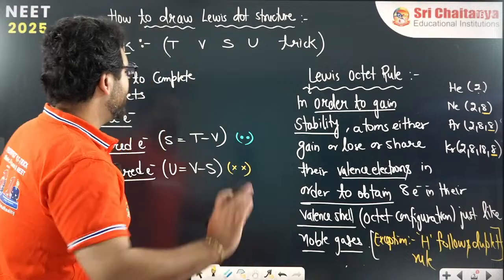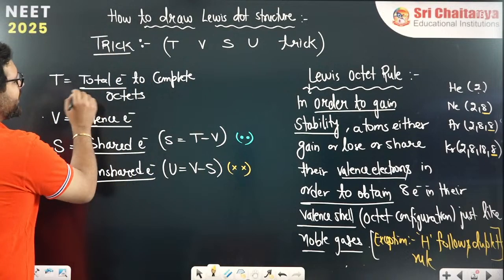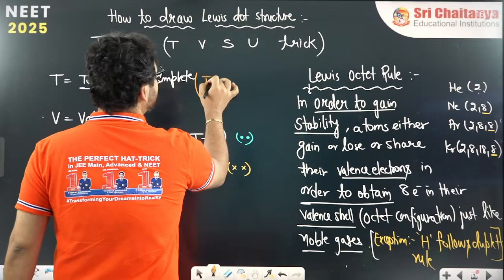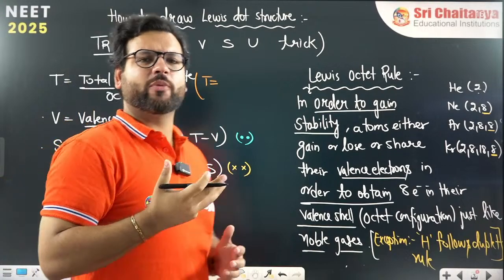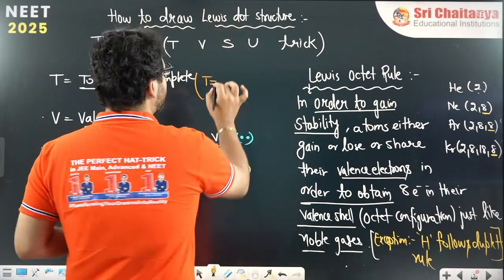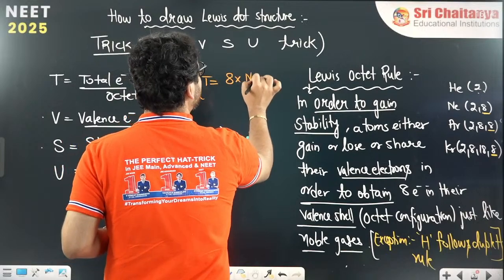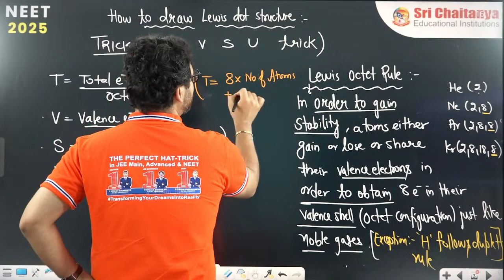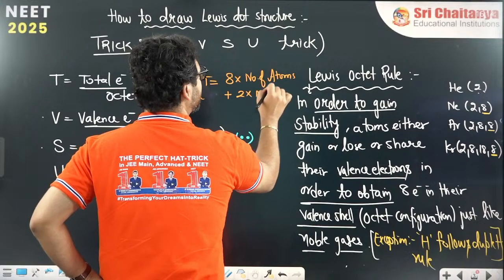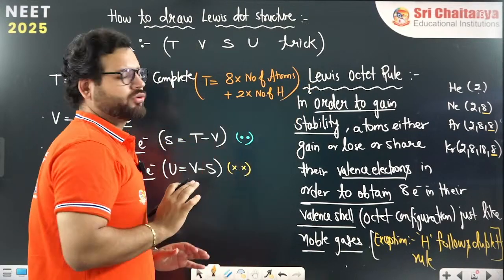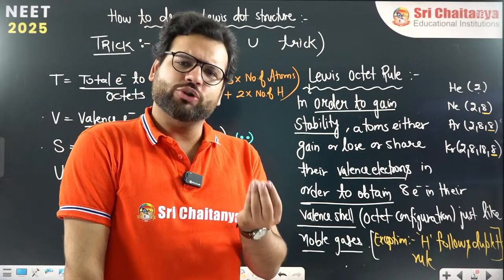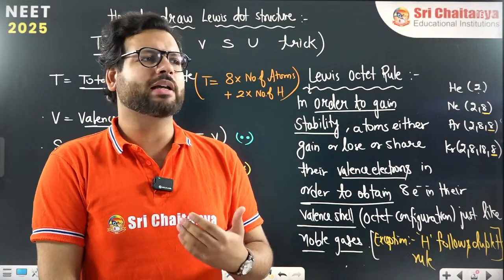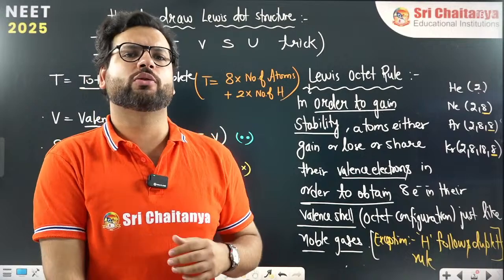Now we'll see what is T. Remember everybody, T means total electrons required to complete the octet. So how to find T? T is the number of atoms in the molecule multiplied by 8. So T is 8 times the number of atoms. If there is a hydrogen, then you do 2 times the number of hydrogens. I'll show you the example. When you see a molecule, you ask it, how many electrons do you want to become stable?